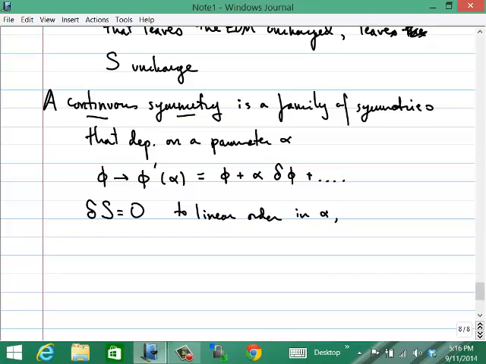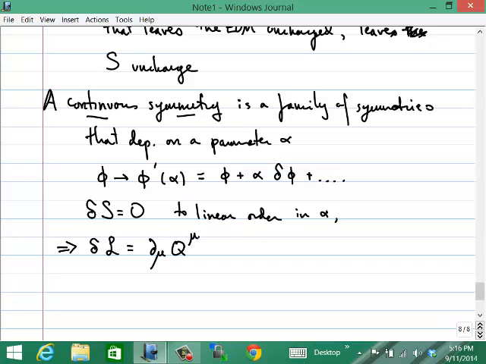So the first thing that we want to note is that if delta S is equal to 0, that does not mean that delta L is equal to 0. Because S is the integral d4x of L. So that implies not that delta L is equal to 0, but instead that delta L is a total derivative.